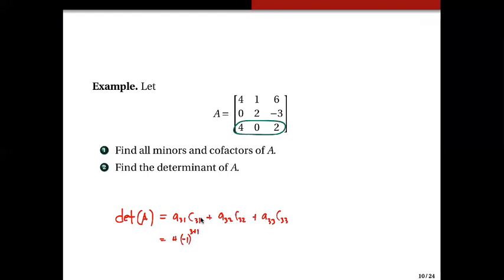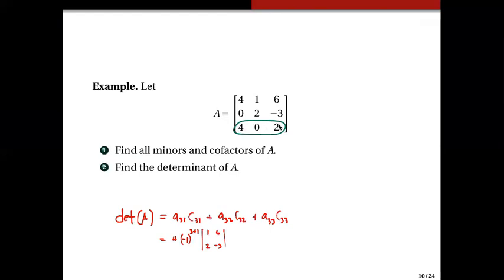But we are going to delete the third row first column. So this is multiplied to the determinant of 1, 6 to negative 3. Okay, so we have deleted this first column and then the third row.